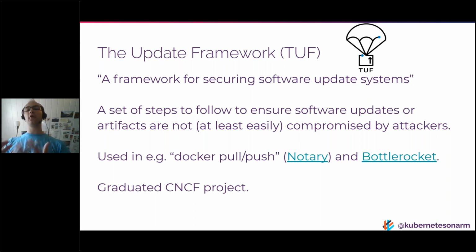But if you have followed this framework and the checklist, then you can be pretty sure that you're well guarded against the most common attacks, at least. It's a graduated CNCF project, and it's used in all of our favorite Docker pull and push through a project called Notary. It's also used in many other places, and Bottlerocket is an operating system that is using this as the update mechanism, as an example.